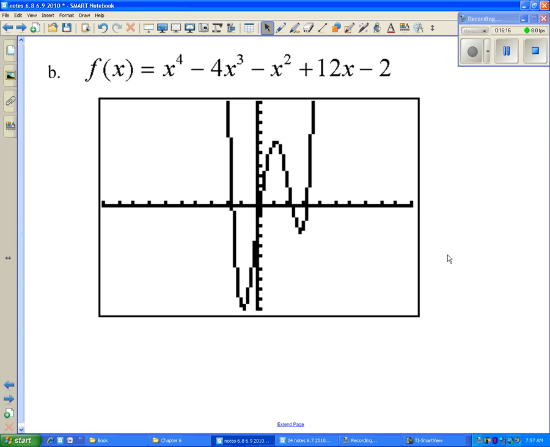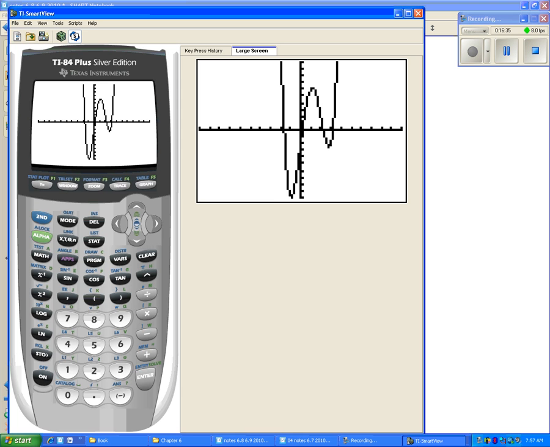And so I have several points. In blue, I'm going to have 1, 2, 3, 4 intersection points. In green, I'm going to have 1 maximum. And in red, I'm going to have 2 minimums. Now I'm going to use the calculator and do this kind of quickly, so let's see how this works.